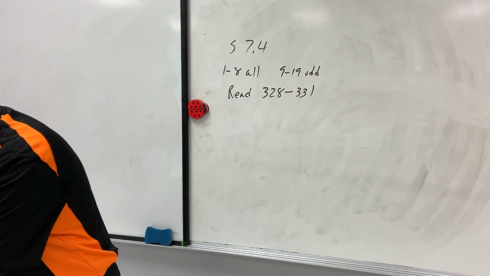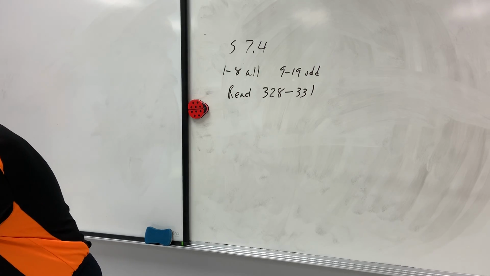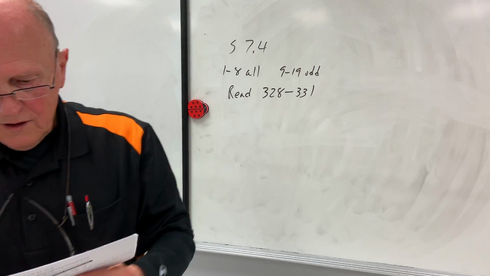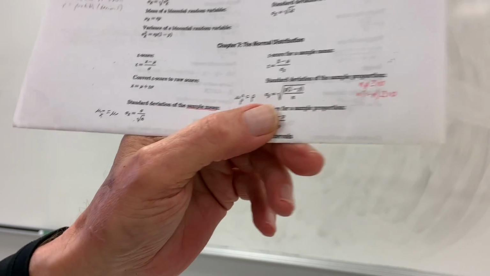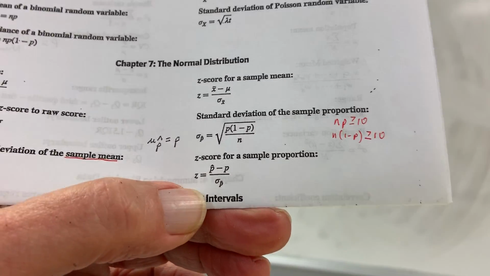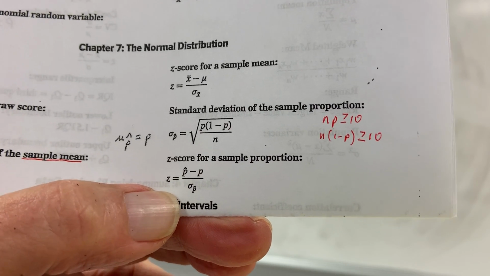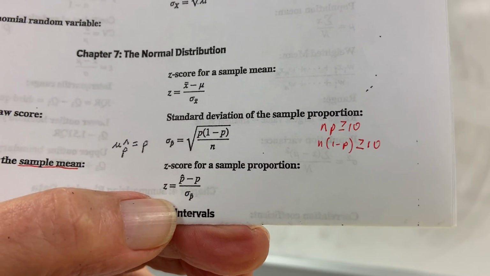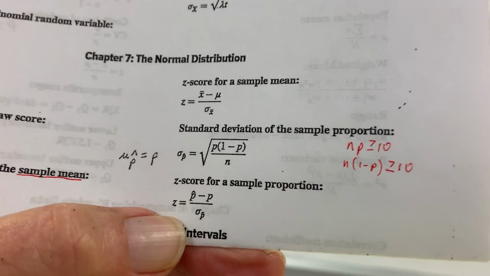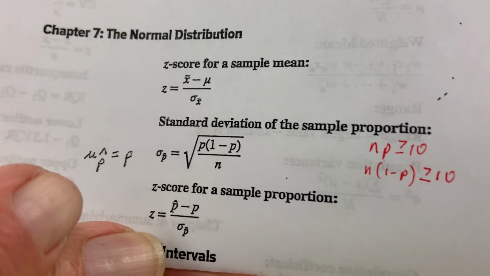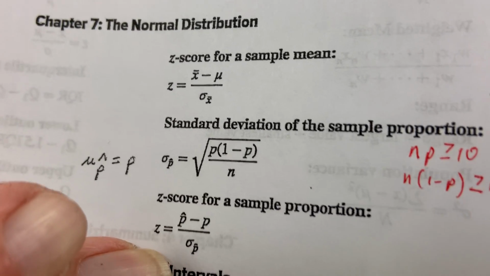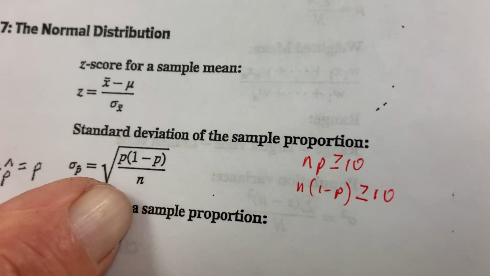I want you to take your formula sheet, and when you get down, we're in chapter 7, where it says standard deviation of sample proportion. I already have written in there that the mean of p hat is equal to p. Of course, the other was typed in there.